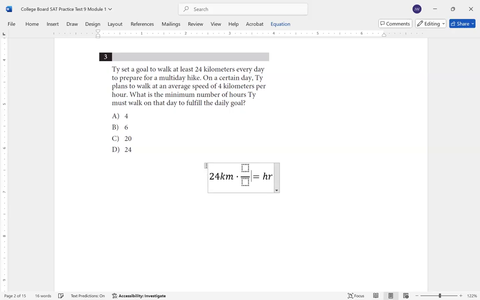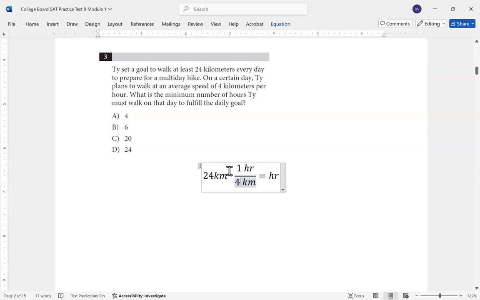So what we need to multiply by is basically some type of hours divided by kilometers. And we see here that each 1 hour that Ty walks, he travels 4 kilometers. So 4 kilometers per hour is that.